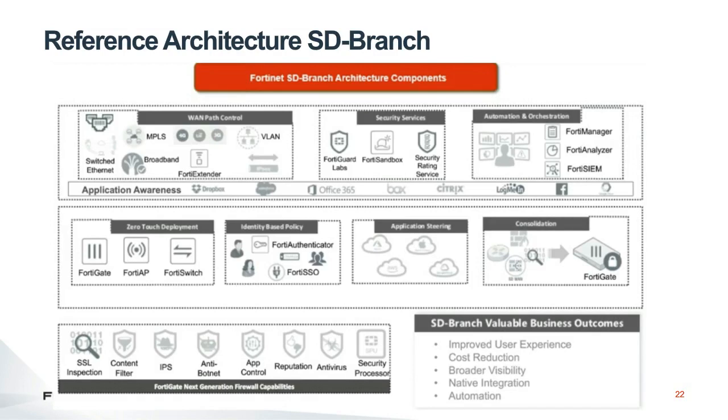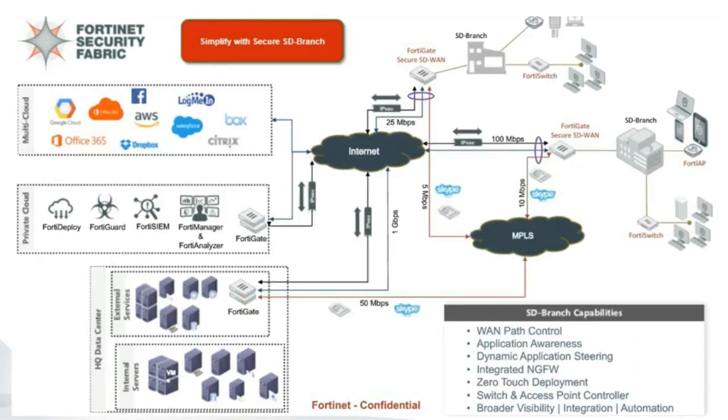All right, next slide, Kelly. So if you look at the whole big picture, you can build an SD-WAN across using your internet link, and of course you can have triple backup links.